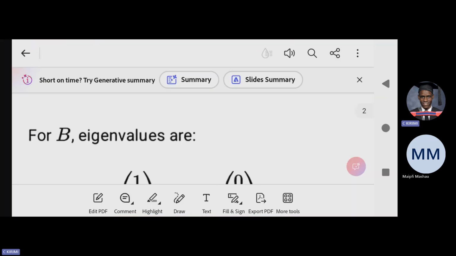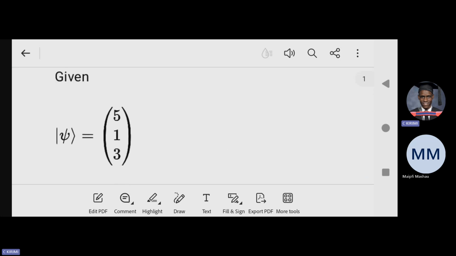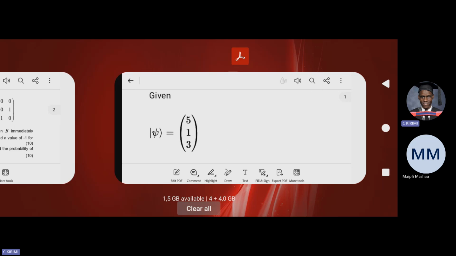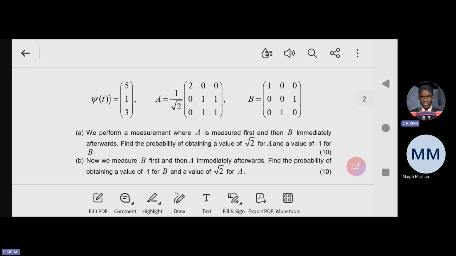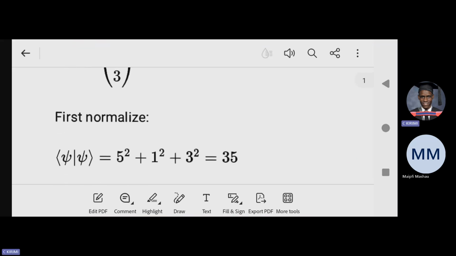So when we were explaining, we said you are given your vector, the vector given in our question paper, which is (5, 1, 3). Then we said we normalize it. By normalizing it, we want that vector to be a unit vector.